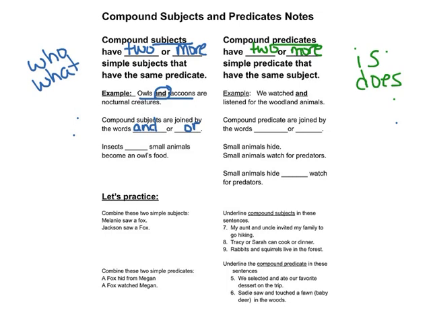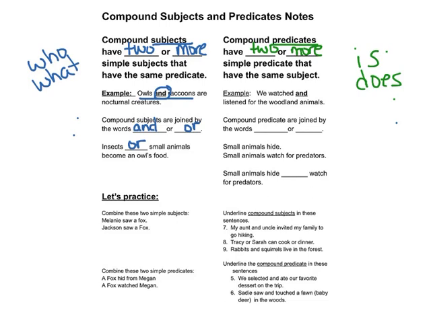So let's try this next example. Insects, blank, small animals become an owl's food. We can say insects or small animals become an owl's food. We can even say insects and small animals become an owl's food.